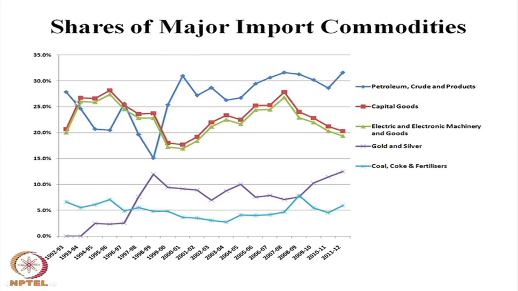Among them, nearly 30 to 33% of the import basket is constituted by petroleum import, which is inelastic in nature and quite essential for the survival of the country. Because of this, a significant part of our export earning is being spent on the import of petroleum, crude oil and petrol.